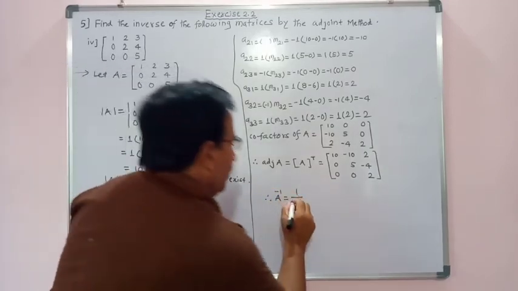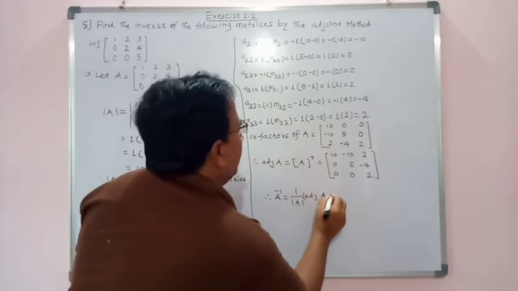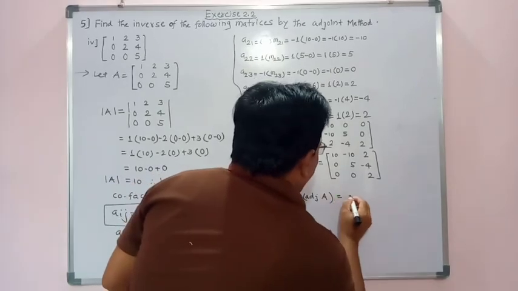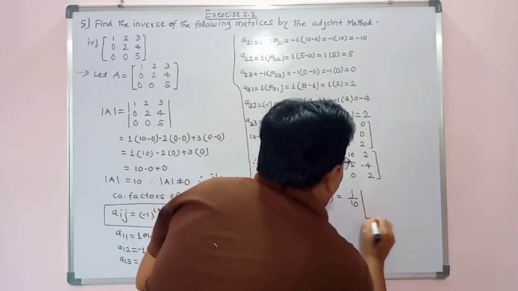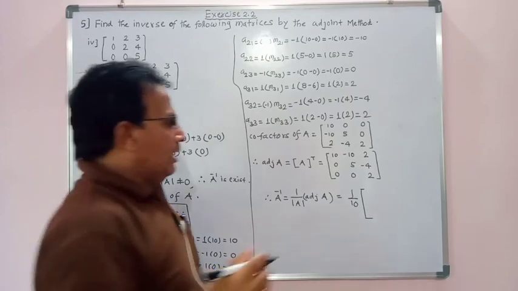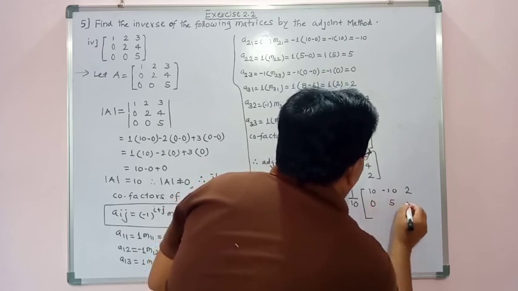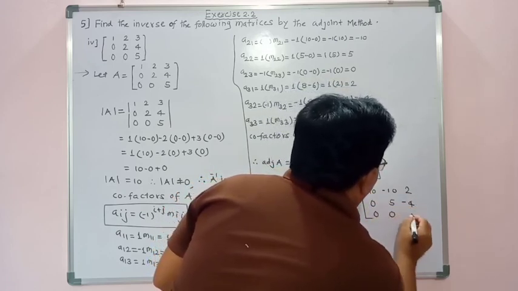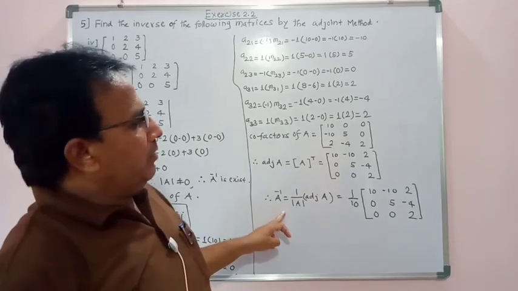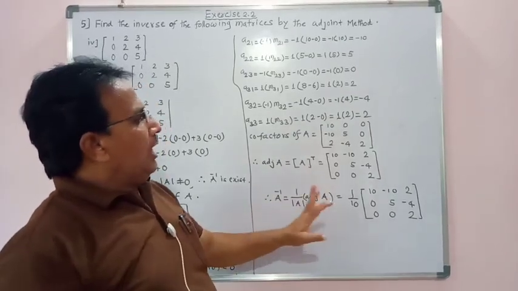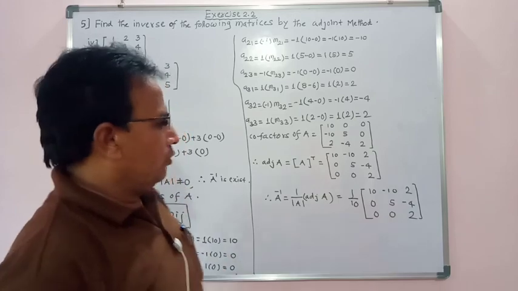A inverse equal to 1 by determinant A into adjoint A. The value of determinant A is a 10, into adjoint A: 10, minus 10, 2; 0, 5, minus 4; 0, 0, 2.